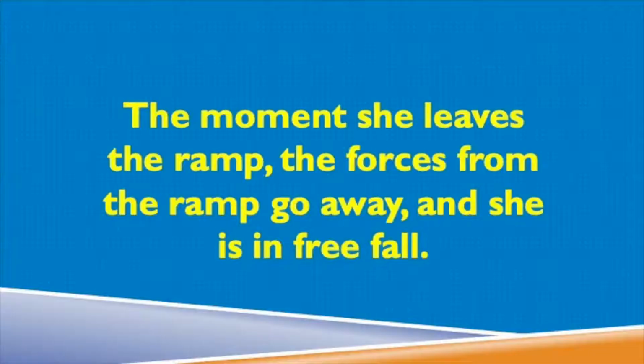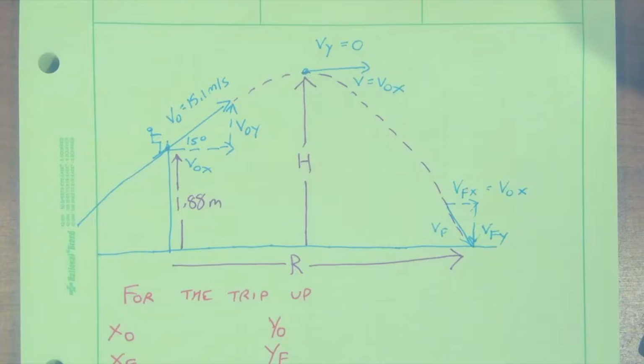The moment that she leaves the ramp, the normal force of the ramp and the friction force of the ramp no longer act on her. If we neglect air resistance, gravity is the only important force acting on her from that point on. And so she's a projectile, in fact, in free fall. So gravity is the only force acting on her as she flies through the air.